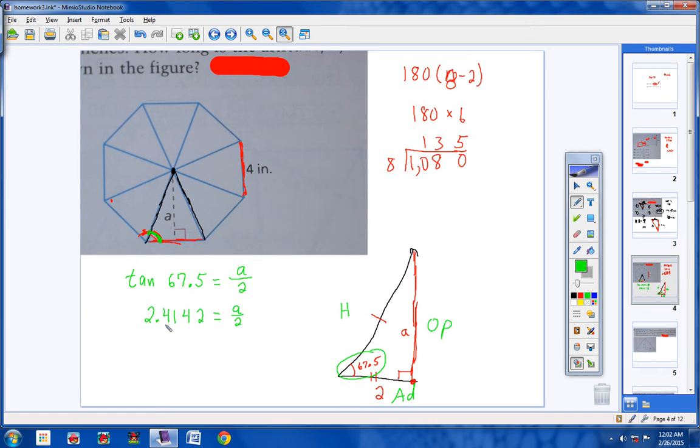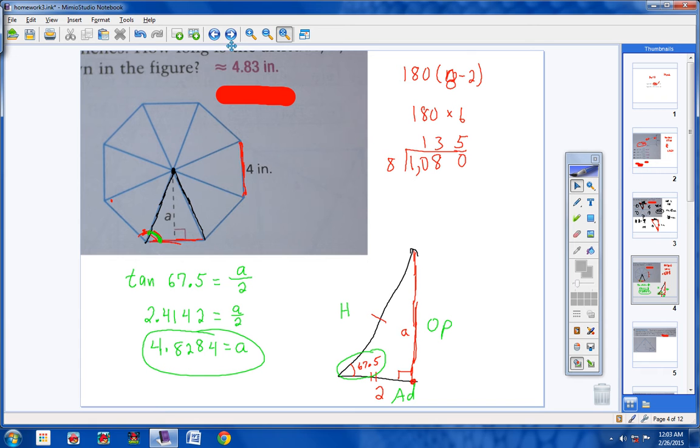If you multiply this side by 2, you will get 4.8284. And if you multiply this side by 2, you're left with A. All right, so there is the height of the triangle, 4.8284. They have 4.83, which is the exact same answer.